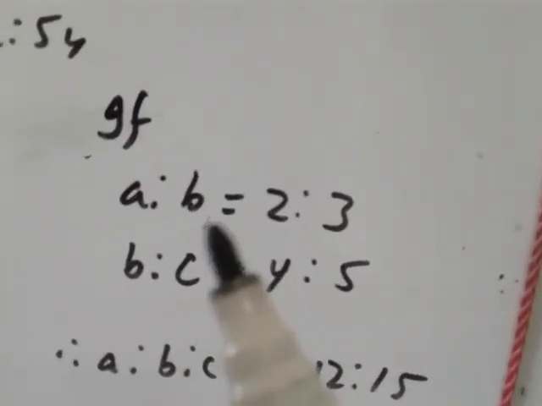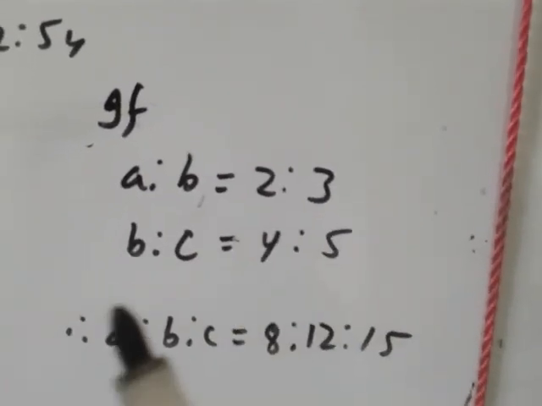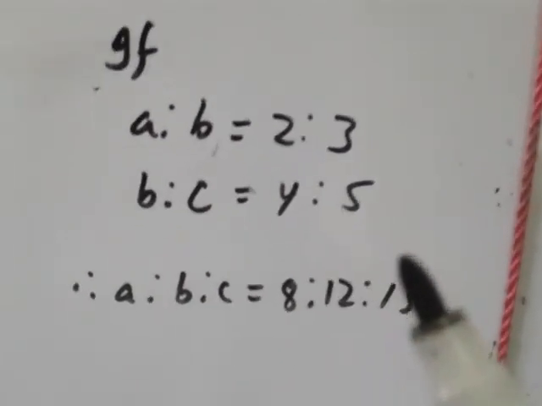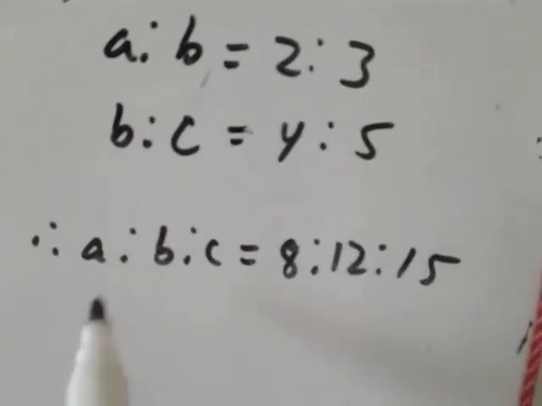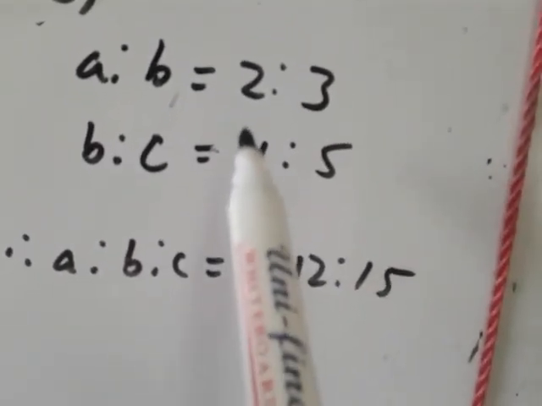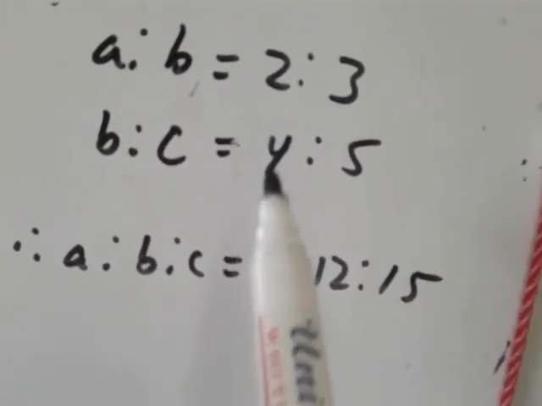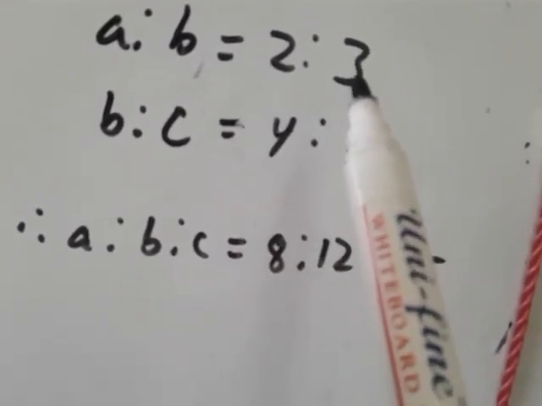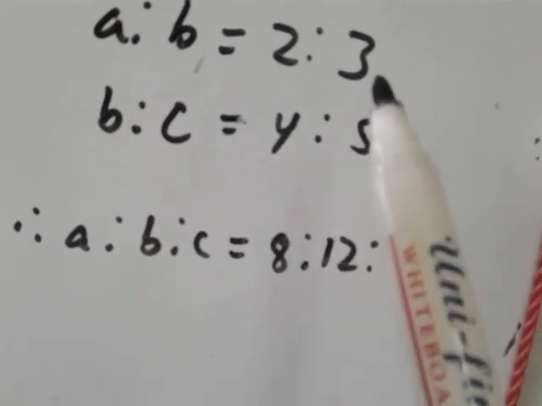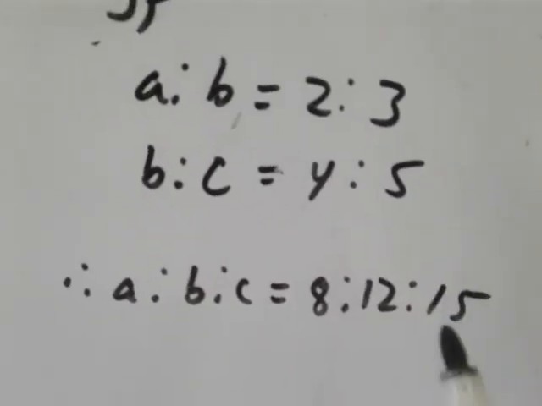If A is to B equal to 2:3 and B is to C equal to 4:5, then to find out A is to B is to C, we have to do this: 2 multiply 4, 8, and cross multiply 4 multiply 3, 12. Again 3 multiply 5, 15.